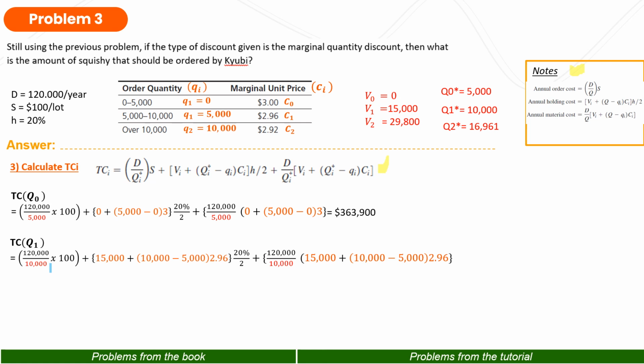So for the Q1, the Q star is 10,000, and then the V1 is 15,000, and then the little q1 is 5,000, and the marginal unit price is 2.96. And for the Q1, the total cost is 361,780.